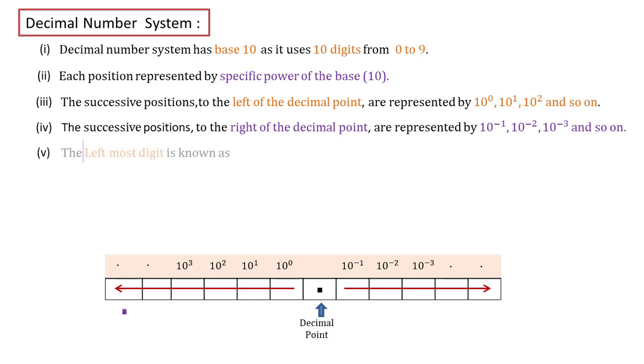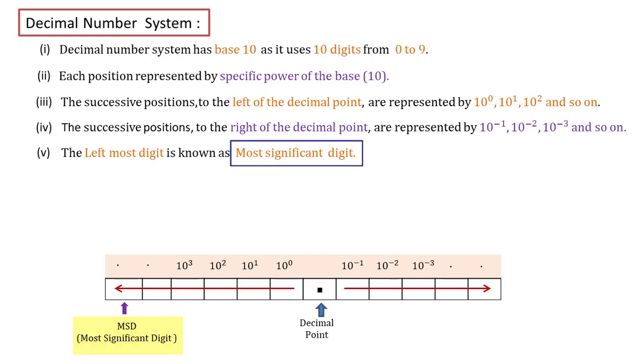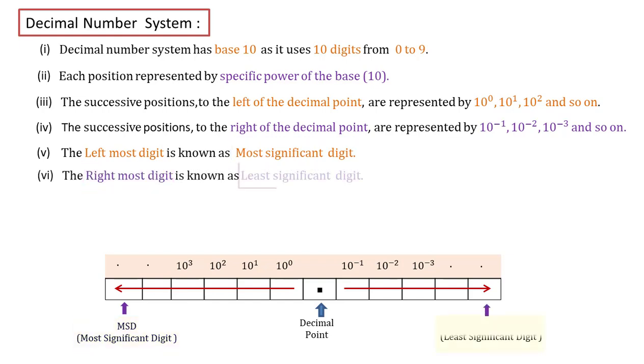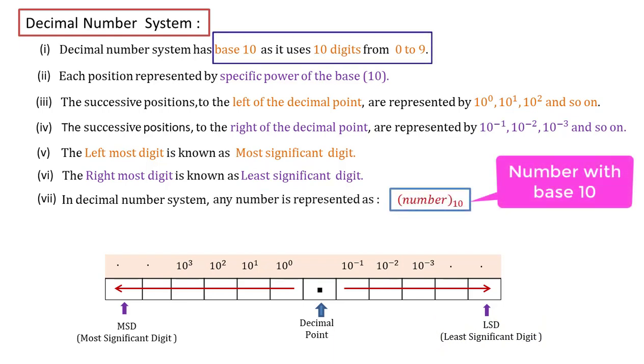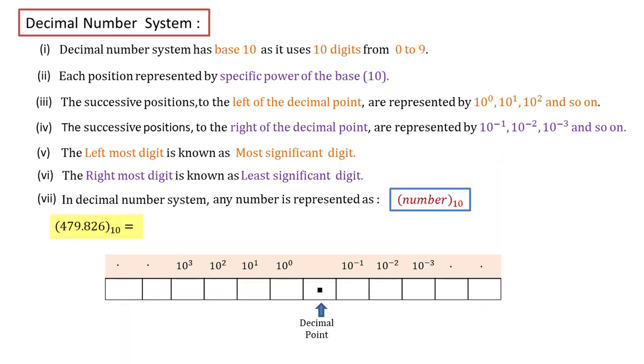Fifth, the leftmost digit is known as most significant digit. Sixth, the rightmost digit is known as least significant digit. Seventh, in decimal number system, any number is represented as a sum of digits times powers of 10. Let us consider a decimal number.